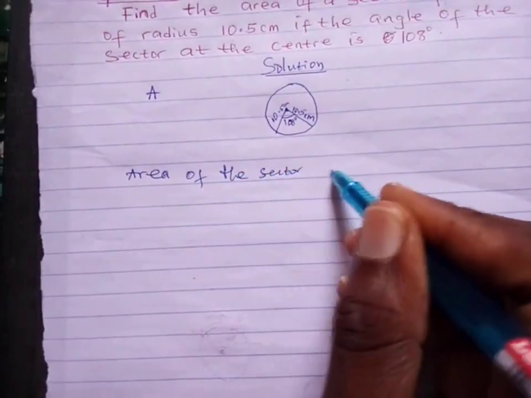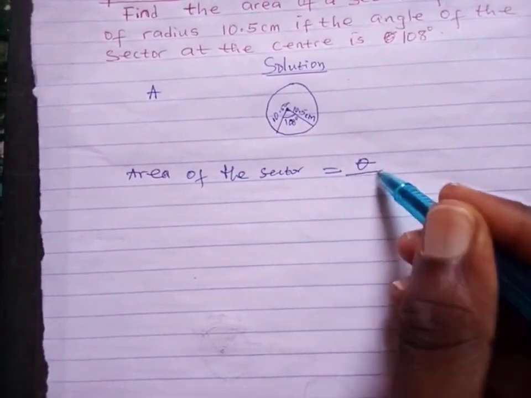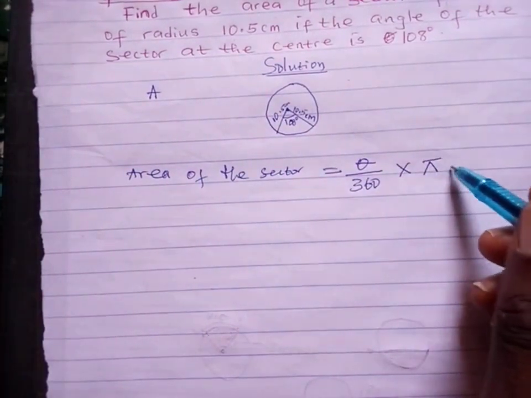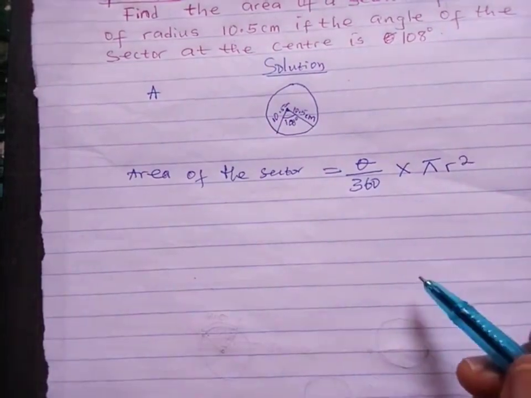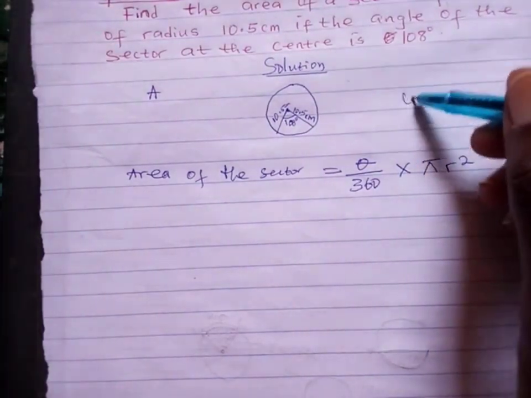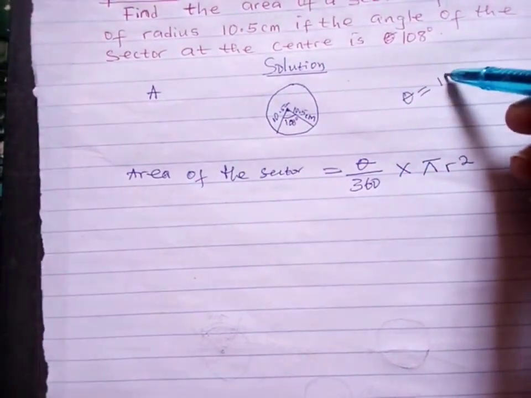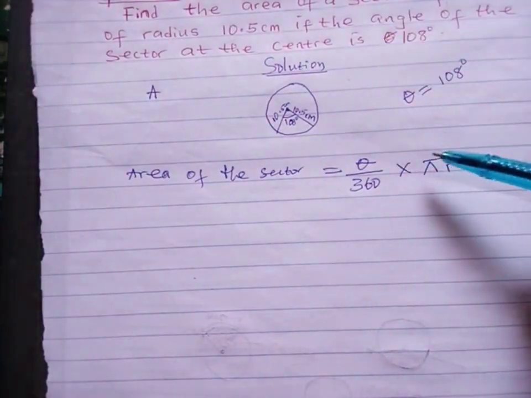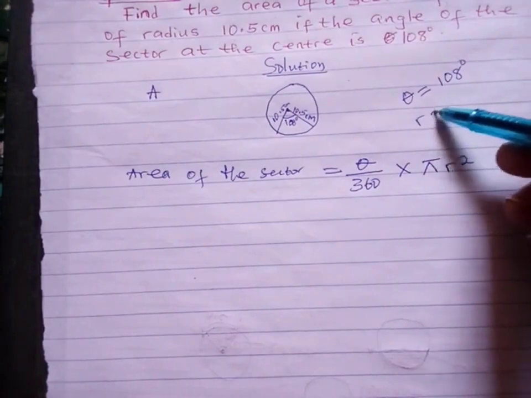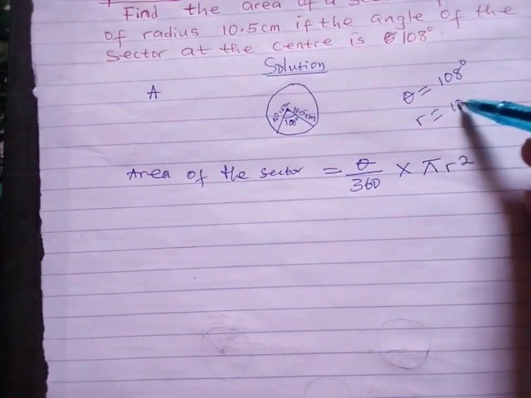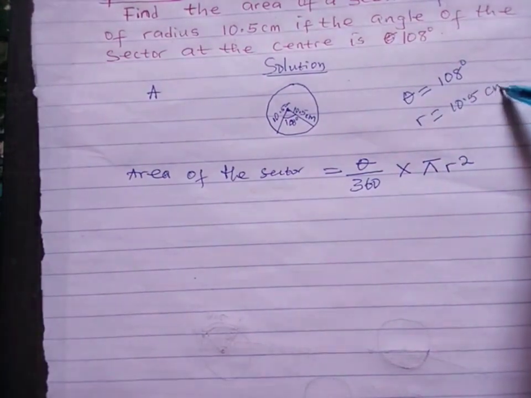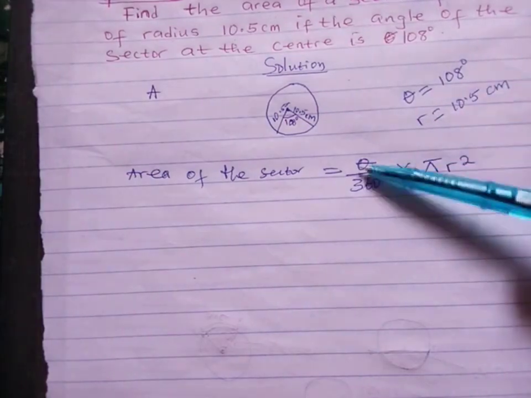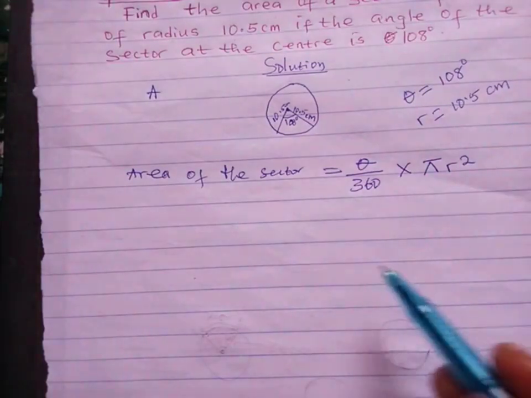of this circle is equal to theta over 360 times pi r squared. Remember that our theta here is given to be 108 degrees from the question, and our radius is given to be 10.5 centimeter. So we can just substitute these values into the very equation that we have.